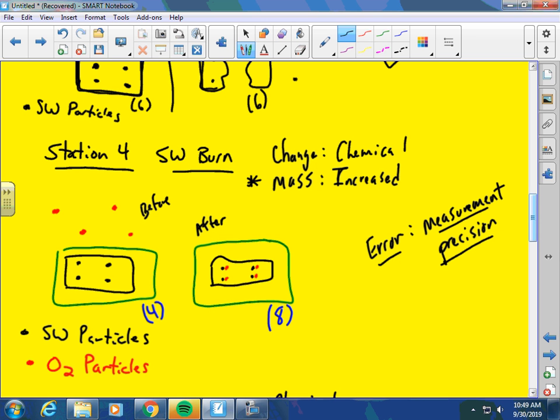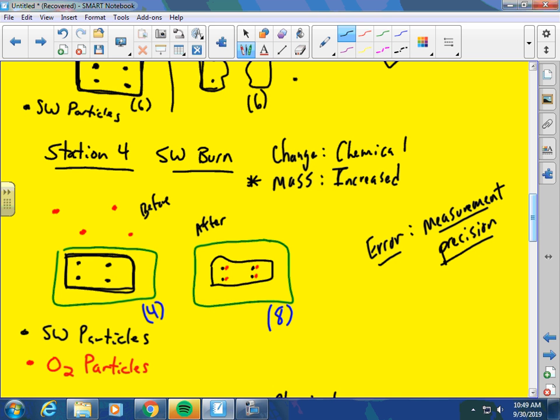So what I did in this situation here is I made my steel wool. I just used 4 dots in this one, but I also included oxygen because oxygen is important for combustion. I put the oxygen out here as red dots. Since it's a chemical change, I can rearrange the particles, break them apart, or join them together.